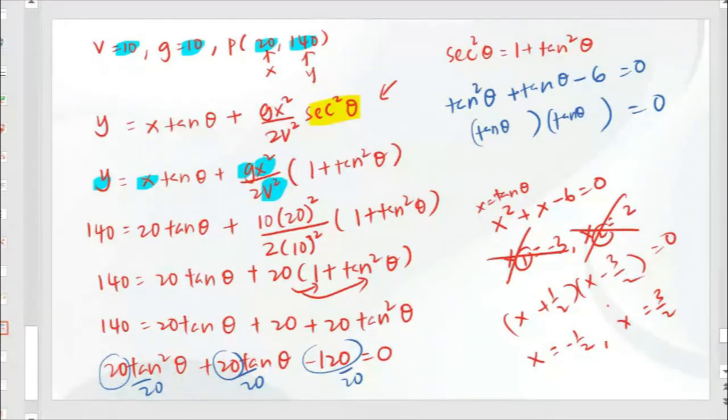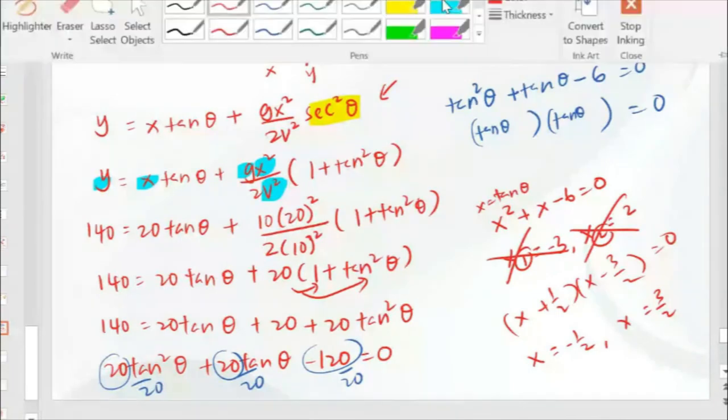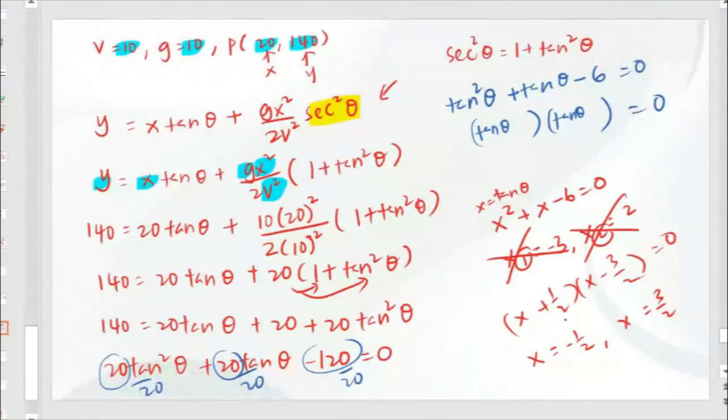No, the factorization cannot be in fractions form. No fractions form. So this one, your 2 has to move to the front. It becomes 2x plus 1. Then this 2 moves to the front. It becomes 2x minus 3. Okay, watch out. 2x plus 1, 2x minus 3. This is the correct way.